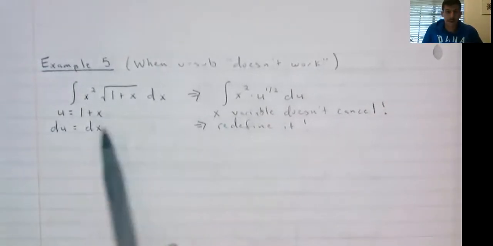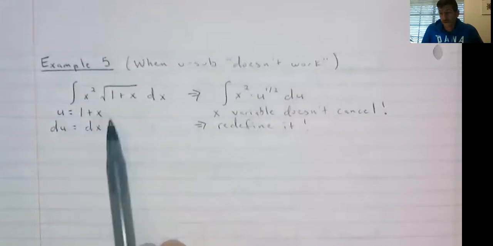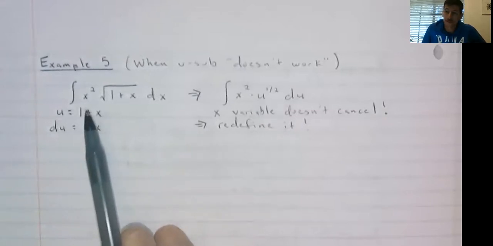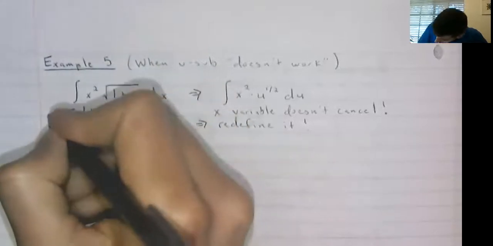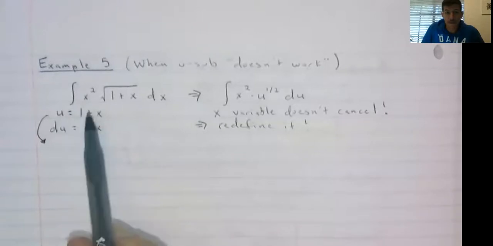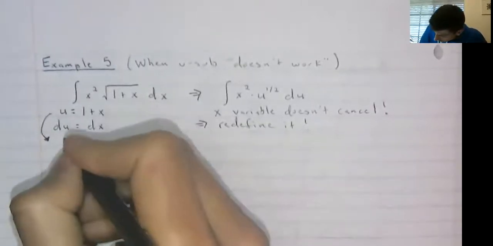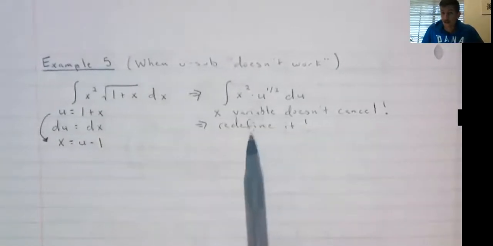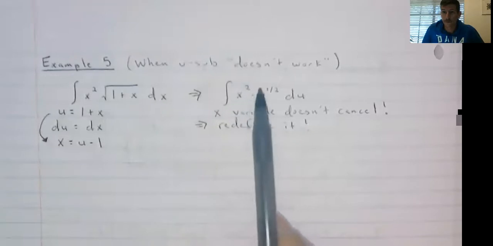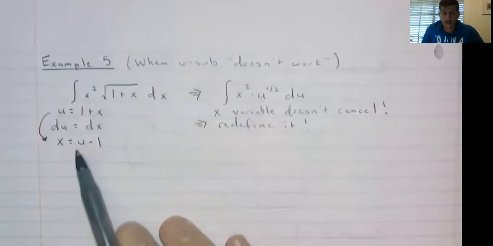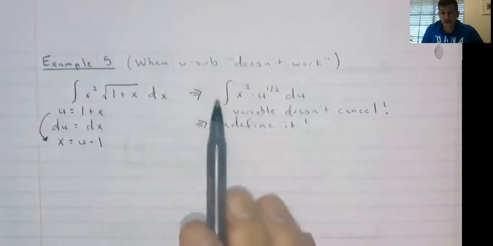Well, we defined u as some expression in terms of x, so it stands to reason that we can rearrange this definition to be a definition of x in terms of u. So some little trickeration going on here. We said that u is equal to 1 plus x, which means that x must be equal to u minus 1. And now we have a way to make this antiderivative only in terms of u by simply substituting in u minus 1 for x.